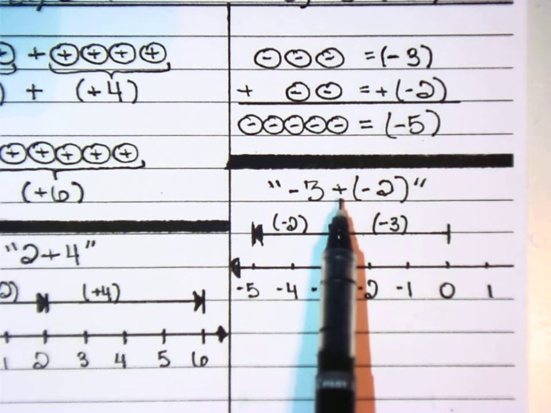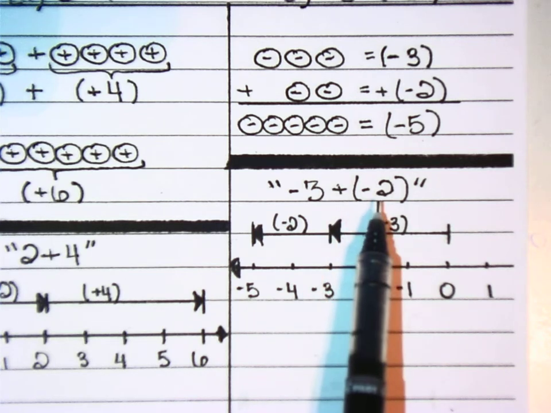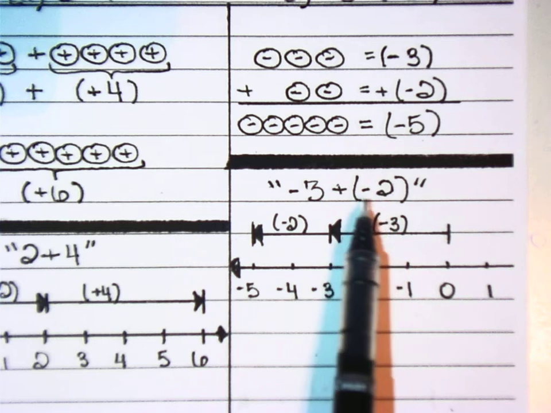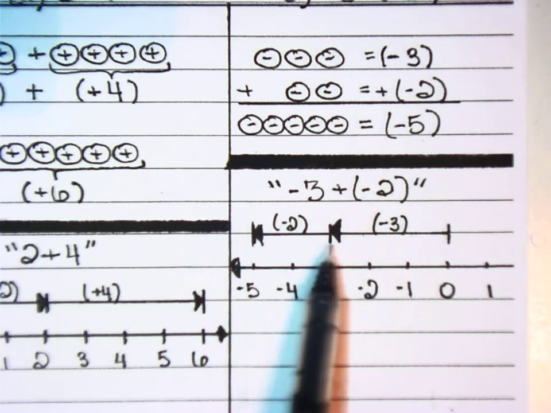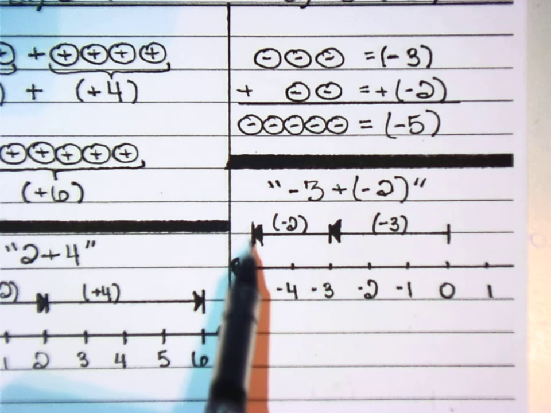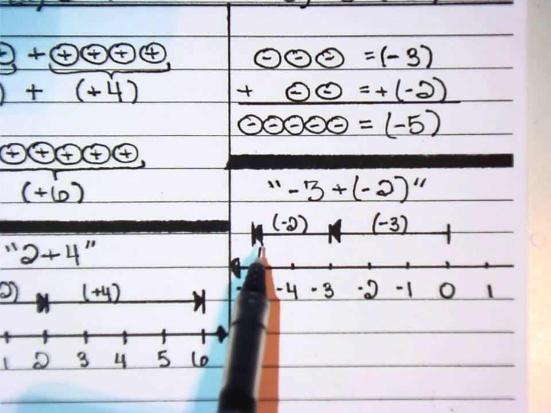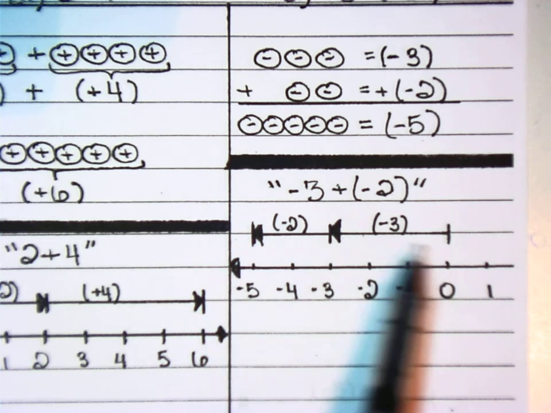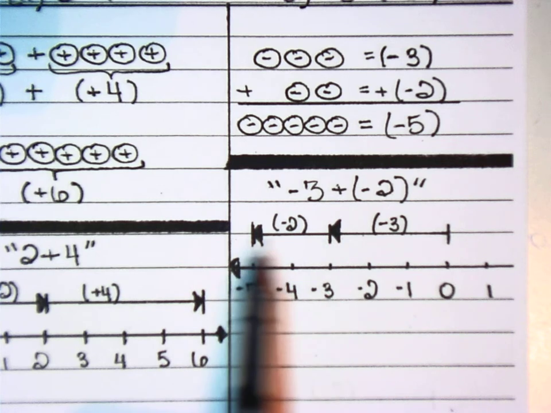I'm going to add to this line another segment that is 2 units long, also in the negative direction. So exactly where I stopped right here, I pick up and begin my new line, and I go 1, 2 more units to the left. I draw a line there to show that I stopped, and an arrowhead to show the direction I traveled. So I had a segment of negative 3 joined by another segment of negative 2.